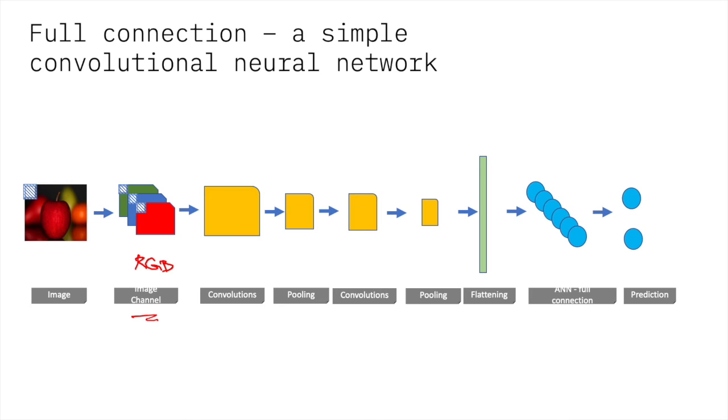Then you apply a round of convolution, which is convolving your image from the RGB pixel representation by applying several filters to it. The dimension of this is going to be whatever number of filters you apply. If you had applied three filters over here, it's going to be three dimensions over here.